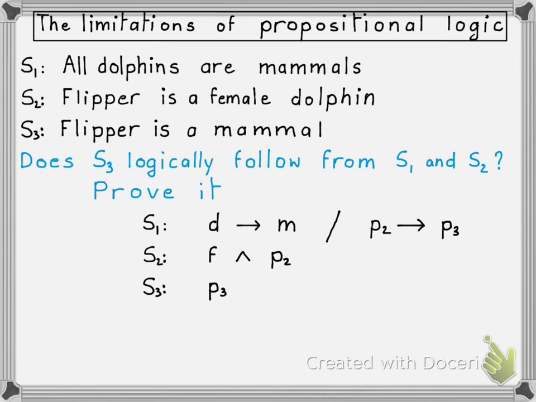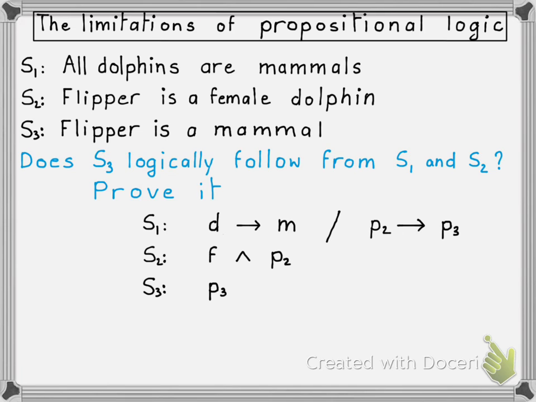P2 was introduced here to mean that Flipper is a dolphin, whereas the meaning of P3 was introduced here, namely Flipper is a mammal. So in other words, the English translation of this conditional is, if Flipper is a dolphin, then Flipper is a mammal.